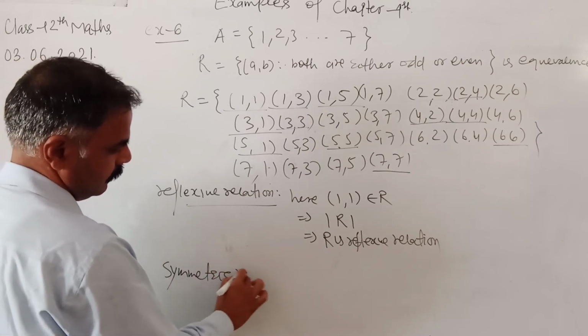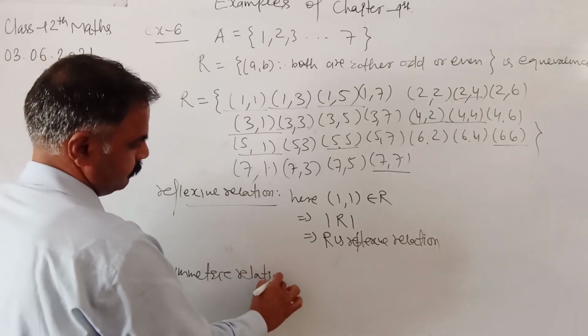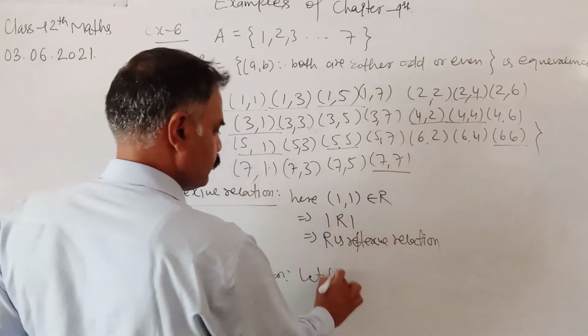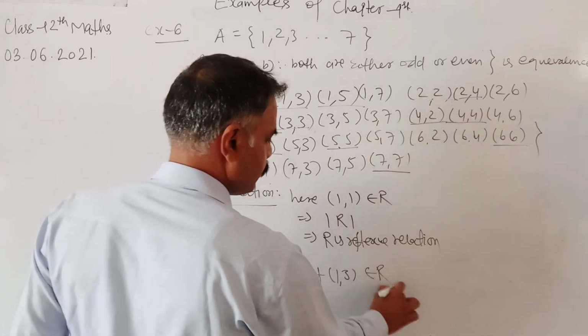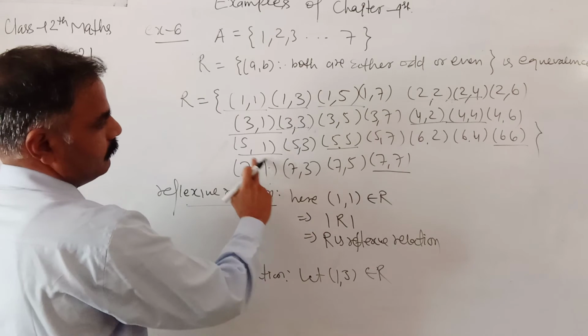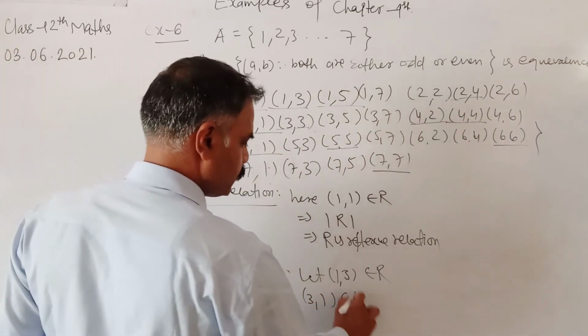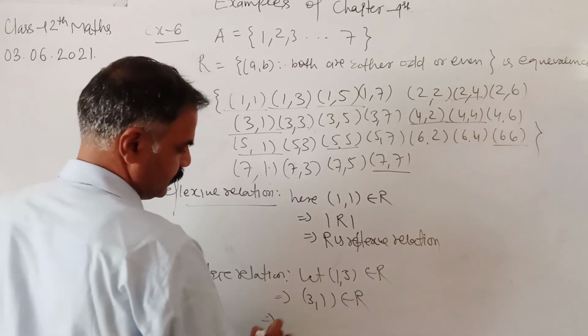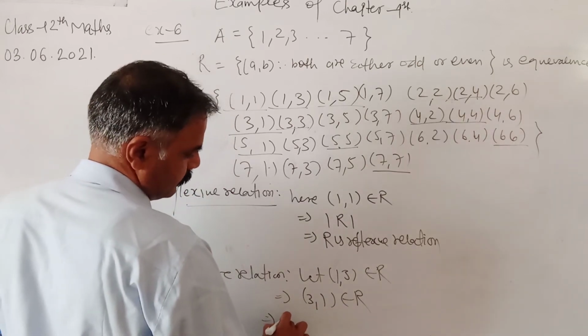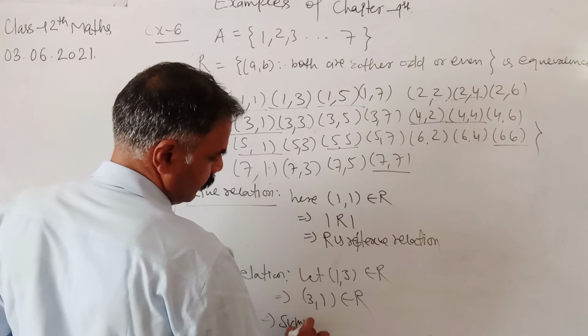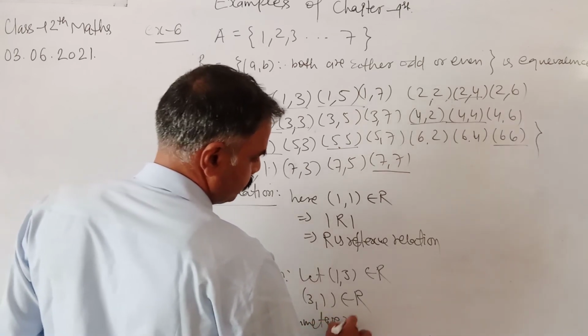Let (1, 3) belong to R; (3, 1) also belongs to R, and this shows that the given relation is symmetric.